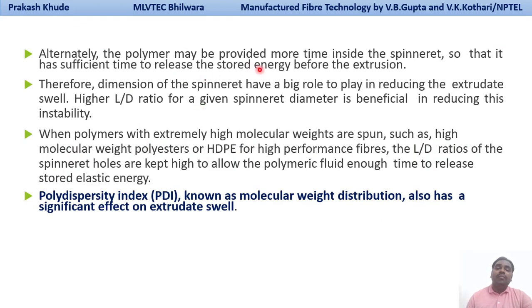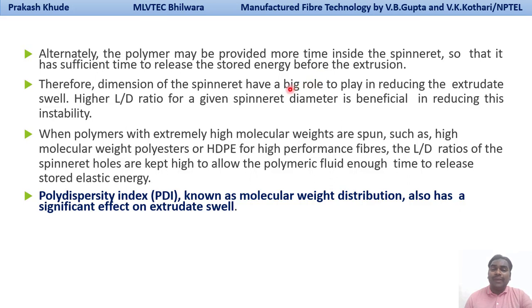Alternately, the polymer may be provided more time inside the spinneret so that it has sufficient time to release its stored energy before extrusion. So another way to reduce this is to give much more time inside the spinneret itself so that it can get sufficient time to relax or release its stored energy before it is extruded.